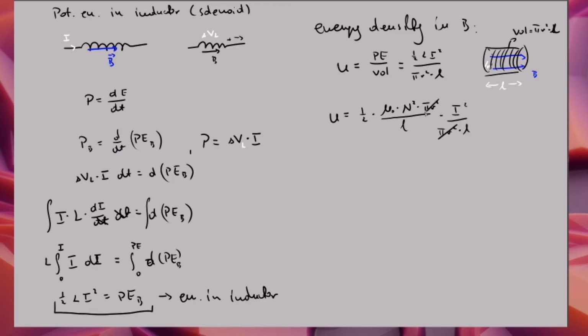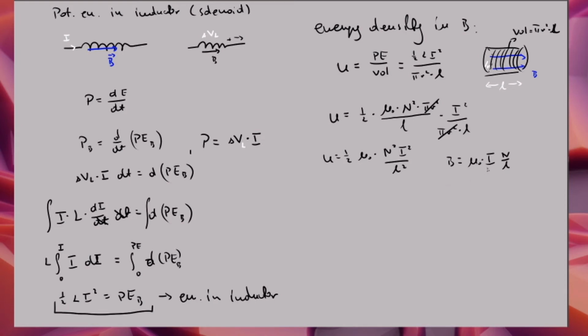And so this goes away. l gets squared. And so I have here U equals half mu naught times n squared I squared over l squared. Now, the magnetic field of a solenoid is mu naught times I n, number of loops over l, I think is what it was.